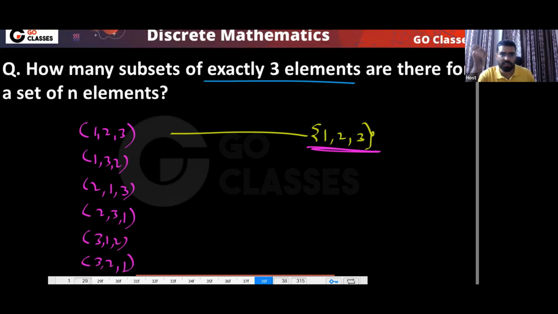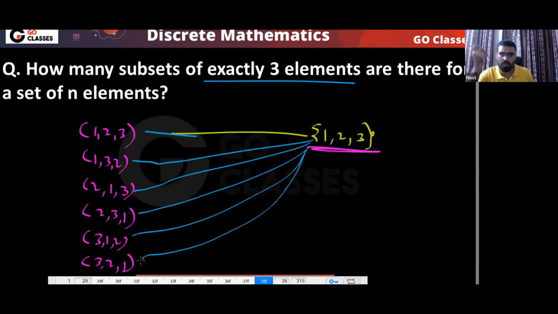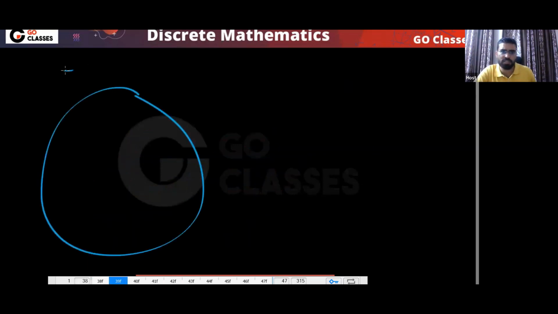Can you notice how many pre-images there will be for this element? For this element, these will be the pre-images. This is the easy thing, easy means ordered triples.